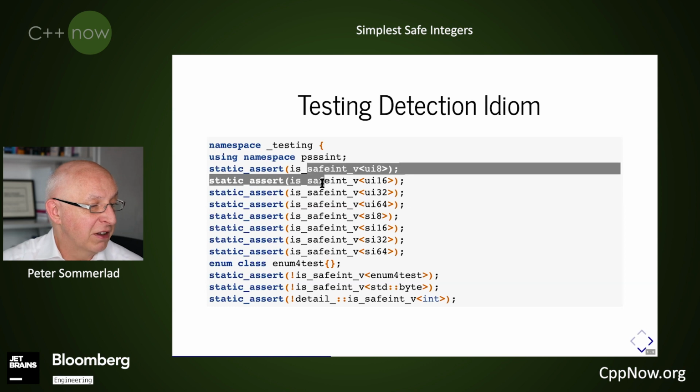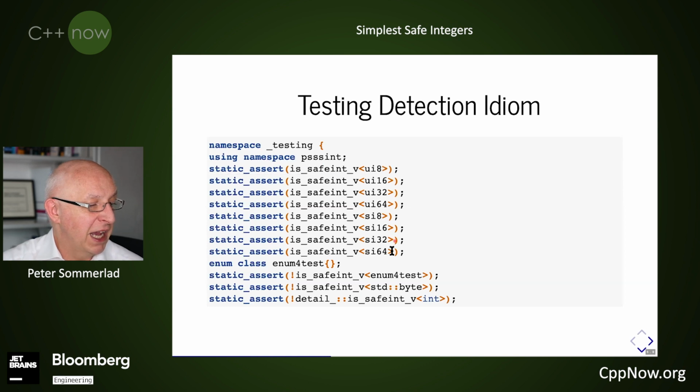So I check all the traits here, if all my 8 different types that I defined are safe ints, and then I have a few other test cases for the negative part. I check that int is not a safe int, that std::byte is not a safe int, and even that specific enum class is also not a safe int.